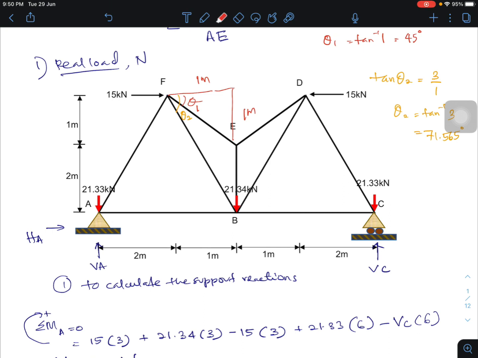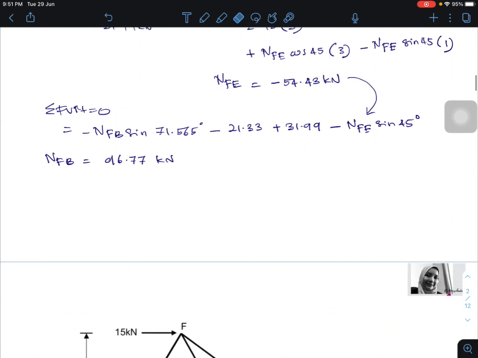Firstly is NFE, these 3 member forces, internal force for member FE, FB, and AB. Now we need to identify this one and also this one. In order to calculate NAF and NAB, we can use the method of joint.